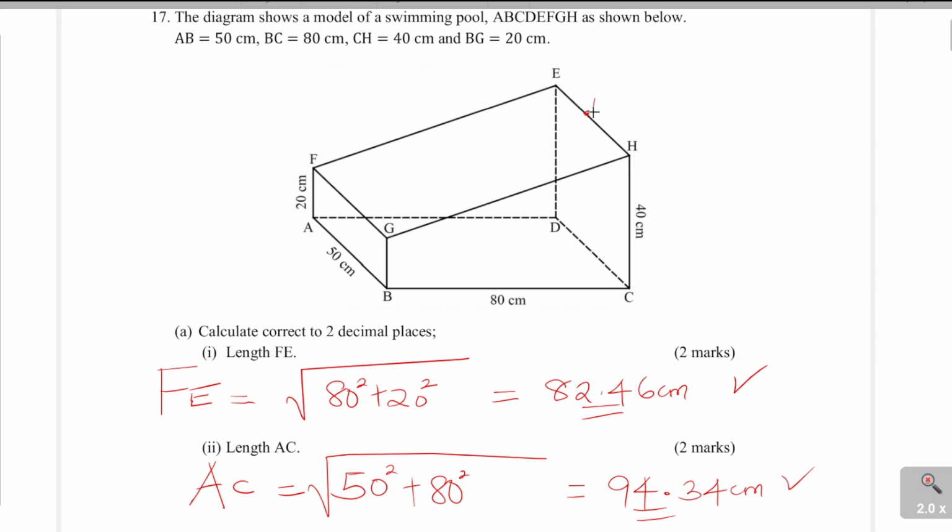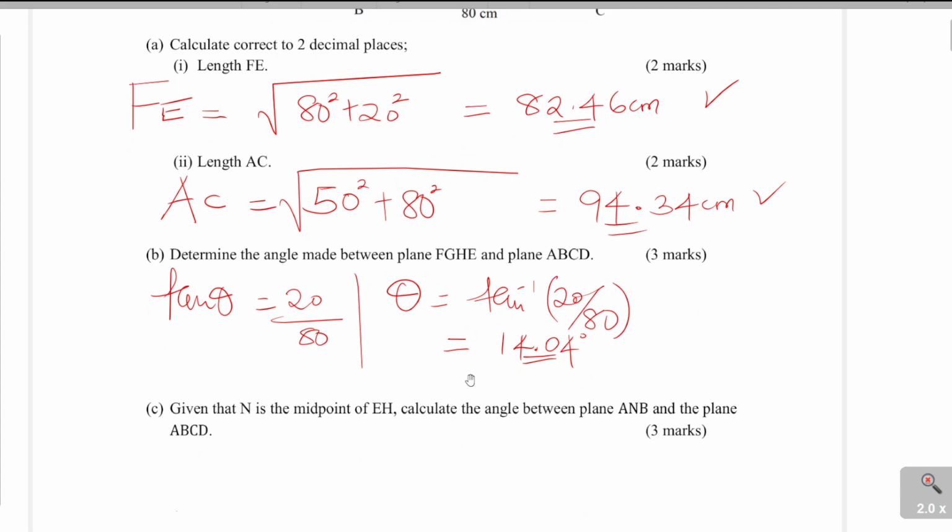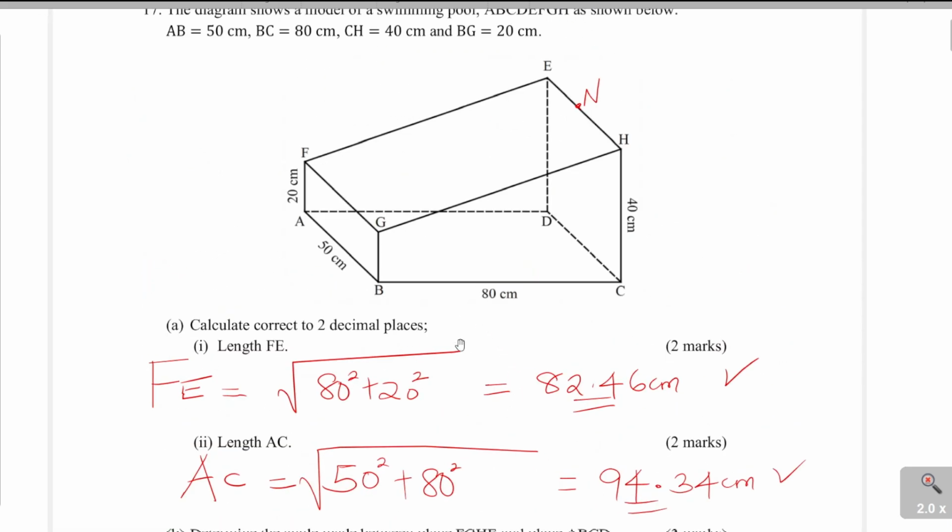You're supposed to calculate the angle between ANB and ABCD. Let me complete ANB: we have A to N, and then B is there.